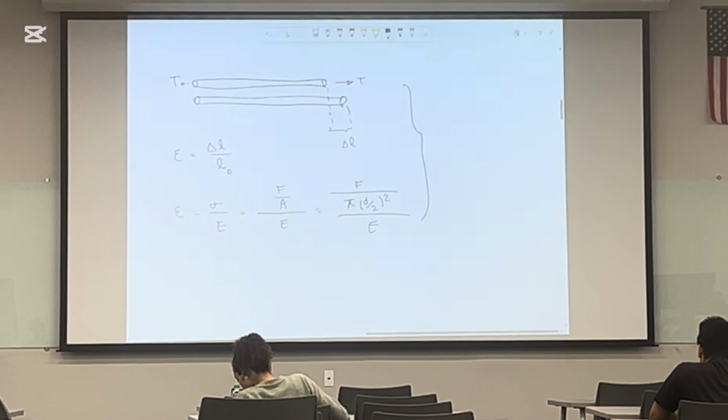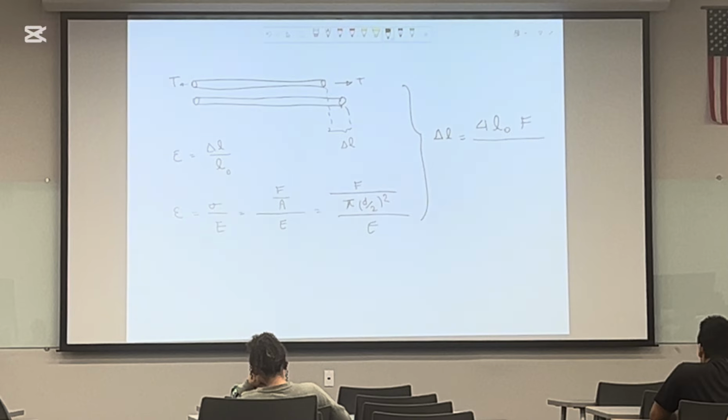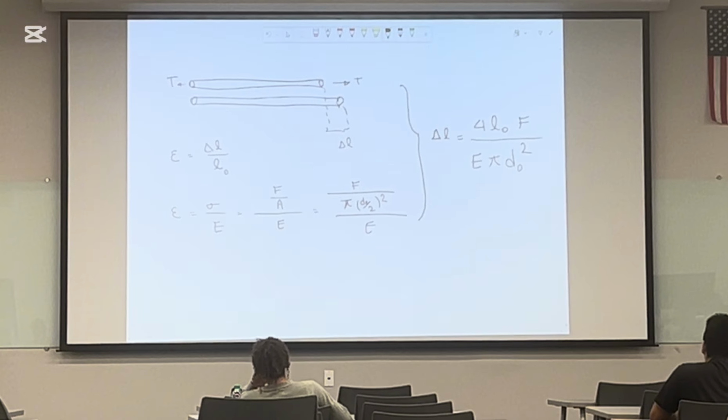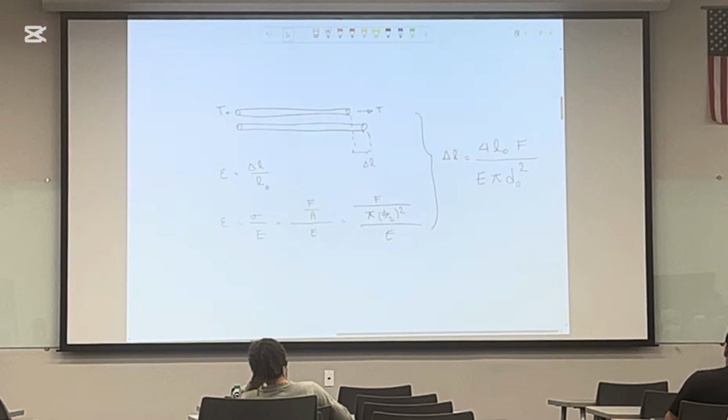So here we can write down our delta L as something like this, L naught F over Young's modulus, pi and D naught. This is D naught. We basically just plug in all the numbers.